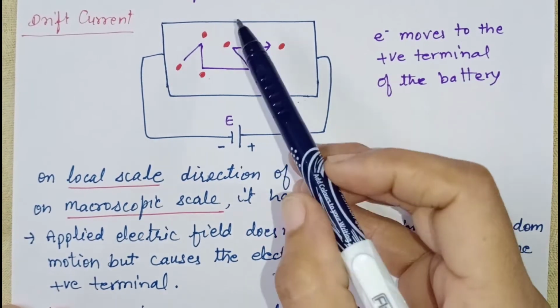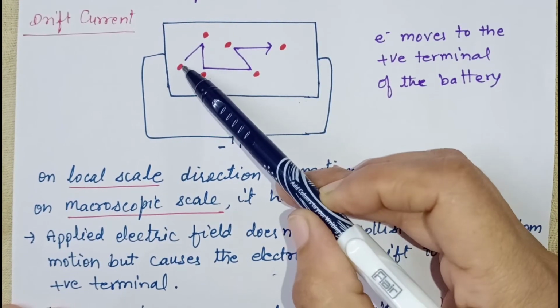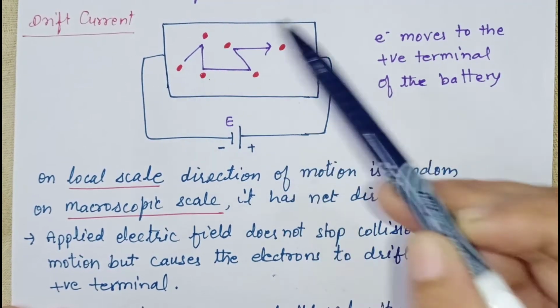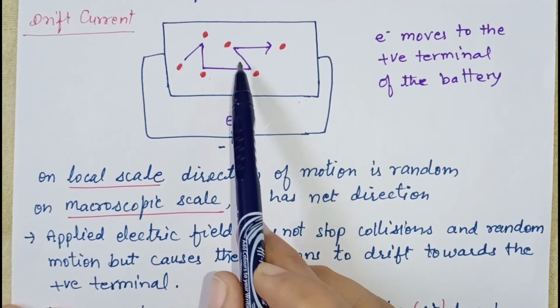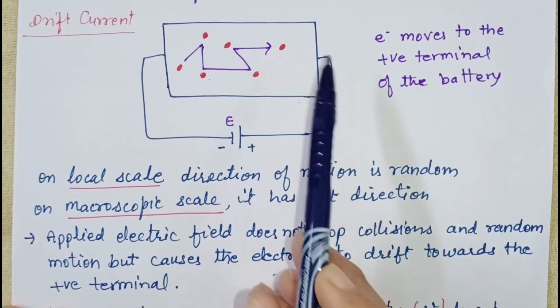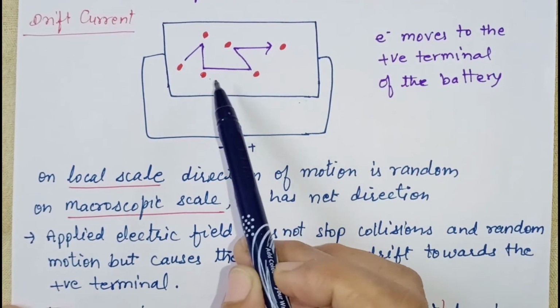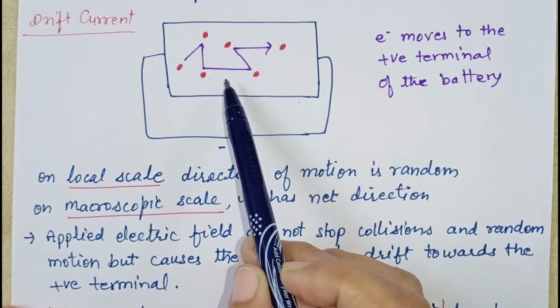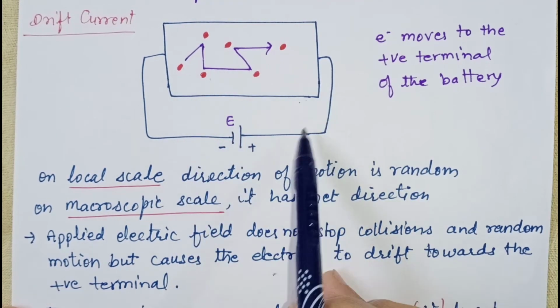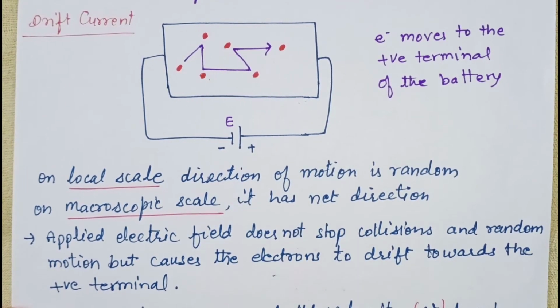We can see in this picture, the electrons first move towards this and then in this direction, then in this direction and then this, and ultimately they move towards the positive terminal. So we can say at local scale they are moving randomly, but ultimately they are drifting towards the positive terminal of the electric field.